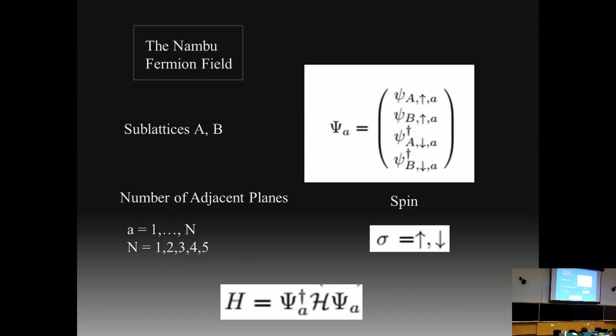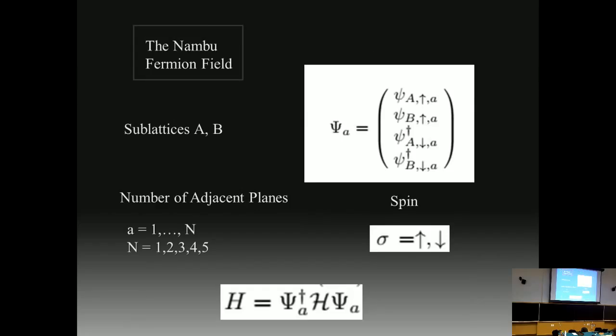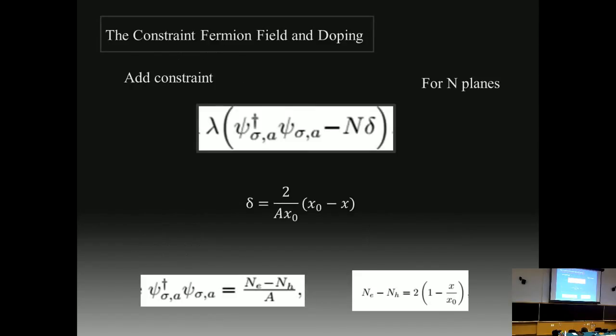And then we can write the previous Hamiltonian in this way. So what we're going to do is impose on this Nambu fermion field this constraint that relates the charge.